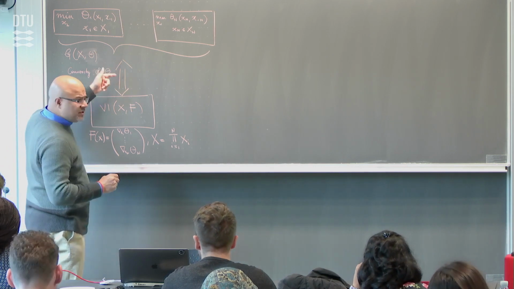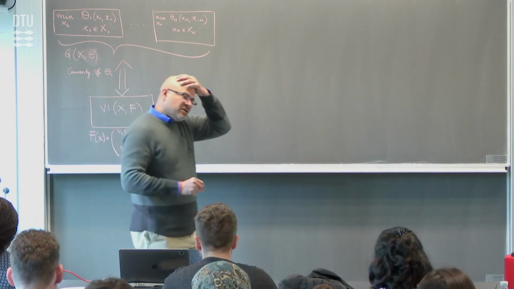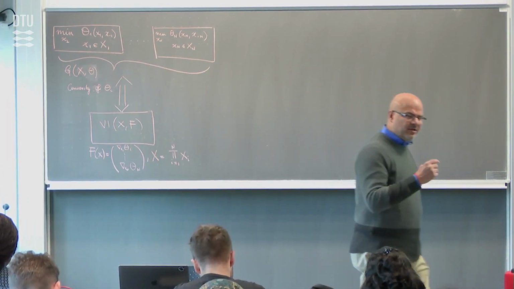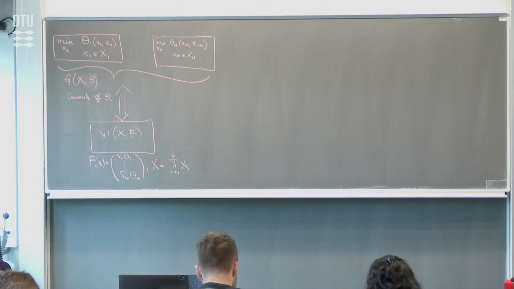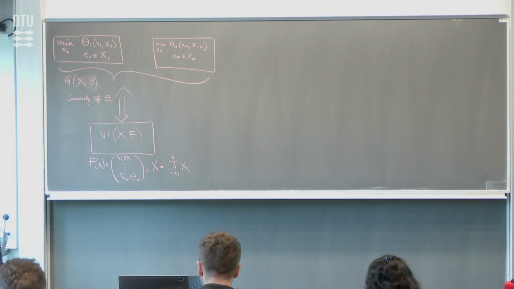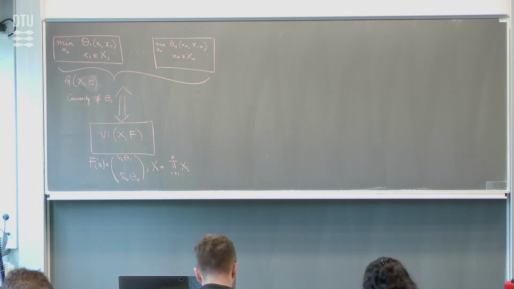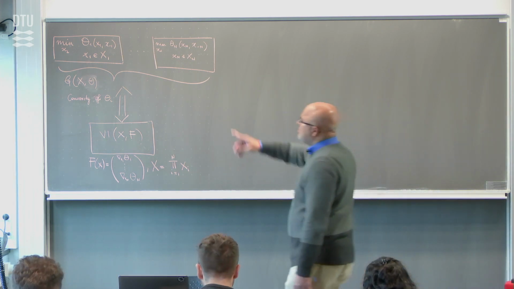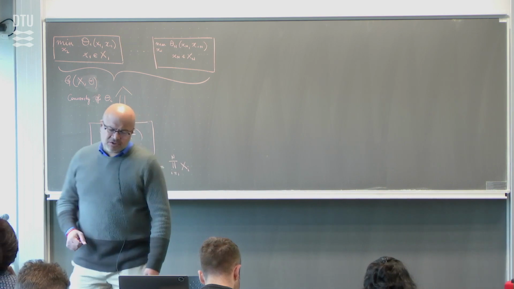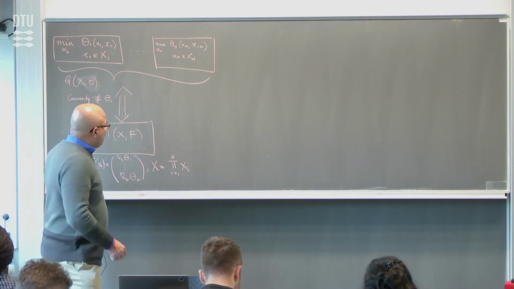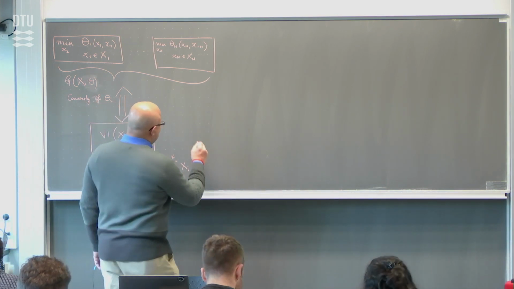And the reason why I say if and only if is because if I get a solution of the variational inequality problem, I have an equilibrium of the game. So I lose nothing. Now there are some settings where you end up losing equilibria, right? But in this case, no. Every equilibrium is captured by a solution of the variational problem, and every solution of the variational problem can be constructed as an equilibrium.